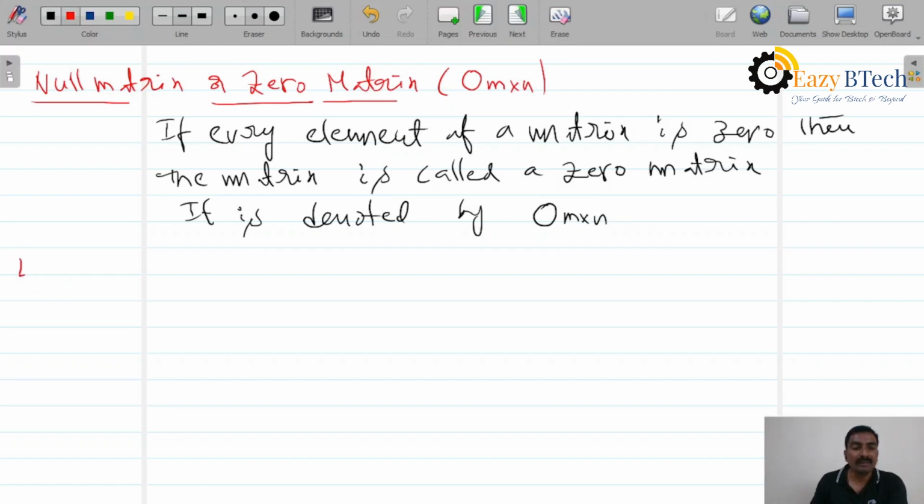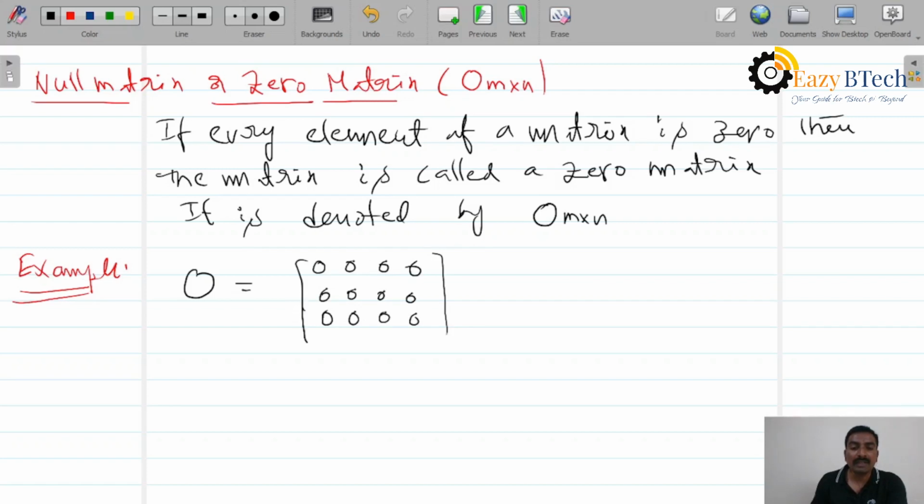See an example. 0 equals a matrix where every element is 0. Not only one element, every element is 0. Then the matrix is denoted by the 0 matrix.